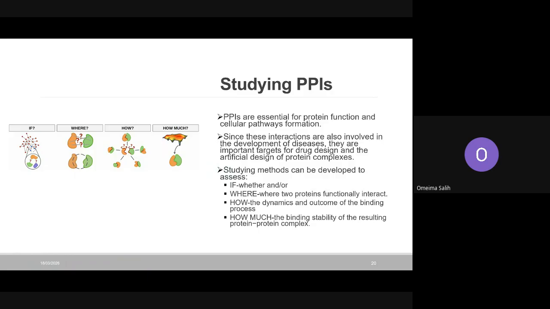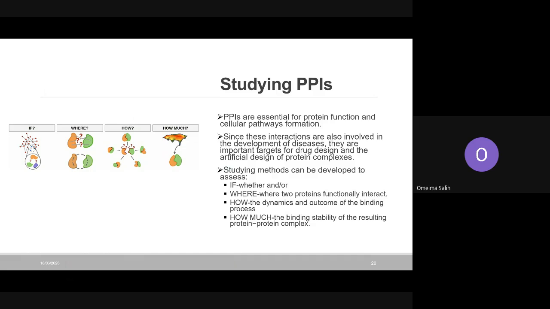Usually, the methods assess if this interaction really exists or not. That means you first need to know if this protein goes into interactions or not, and this depends on the sequence, the primary structure of the protein, its secondary structure, its three-dimensional conformation, and the side chains of these amino acids. So if there is an interaction or not, if it is evident or not, this usually is studied in vivo.